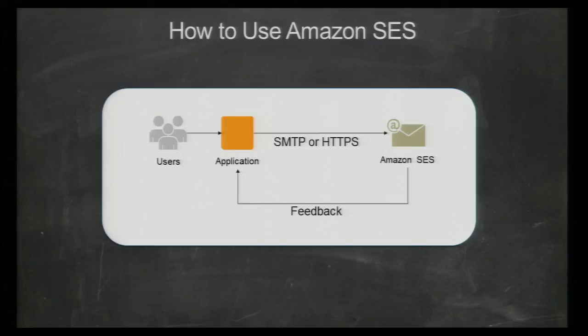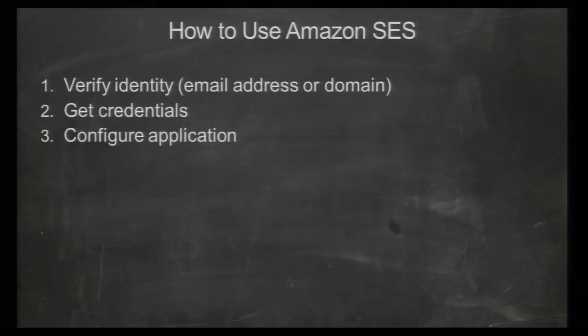Now, let's actually take an existing application that I have and convert it to using SES in the next few minutes. There are 3 steps to converting an existing application to SES. Step 1, you need to verify your identity, which in this case could be an email address or a domain. Step 2 is you need to get the right credentials. If you're using SMTP, you need to get SMTP credentials.